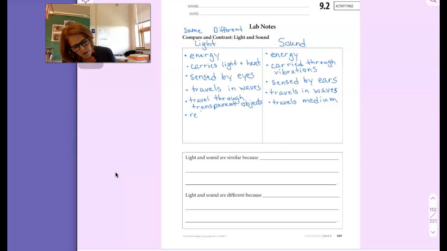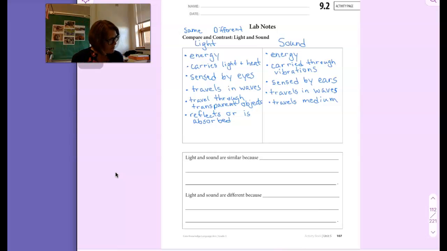Light can also be reflected, or is absorbed. So it reflects off of objects, or the light is absorbed by objects.